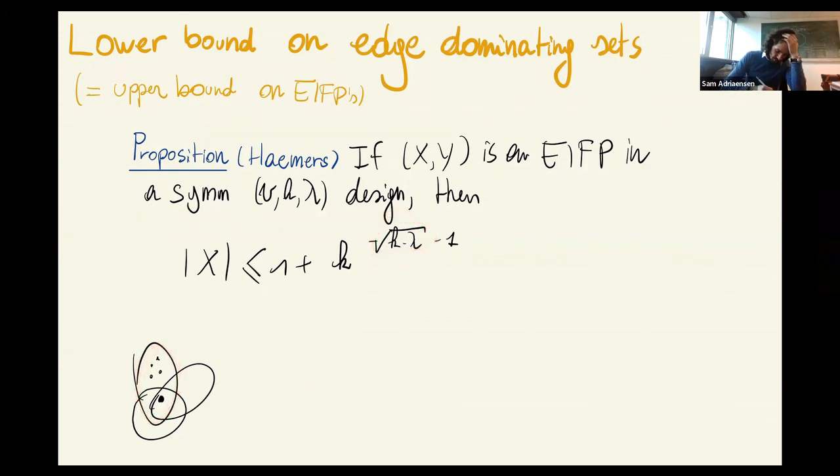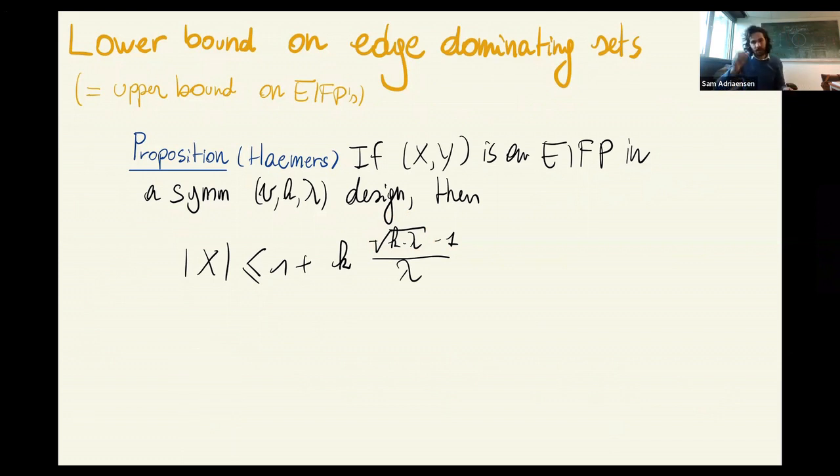But now if you fix 2 points, the number of blocks through these 2 points equals lambda. So any point outside, except for the one that you fixed, you counted it lambda times, so you need to divide by a factor of lambda. And this is the size of a maximal arc of order square root of k minus lambda.